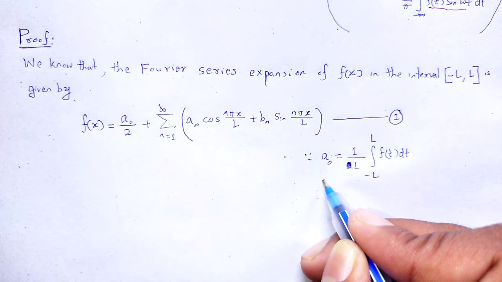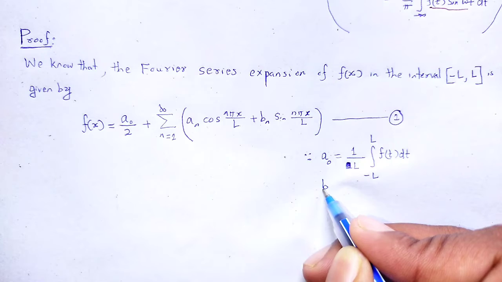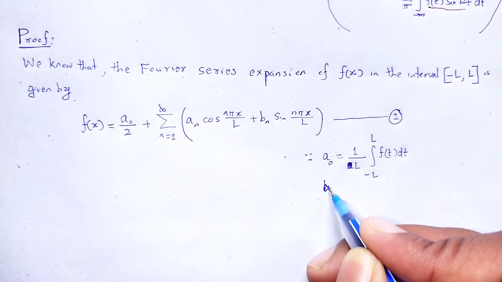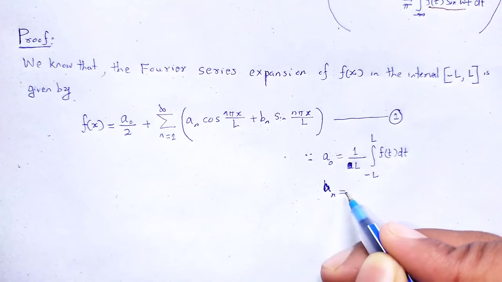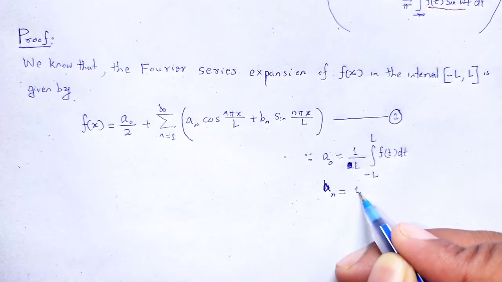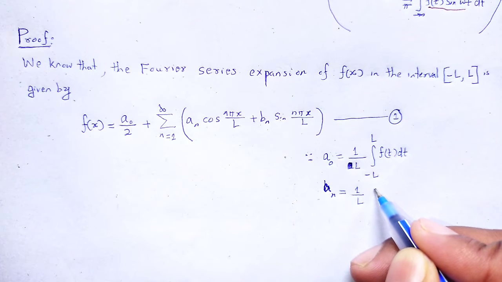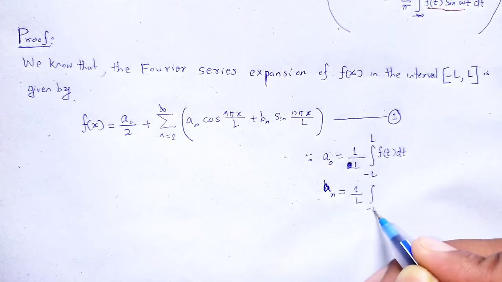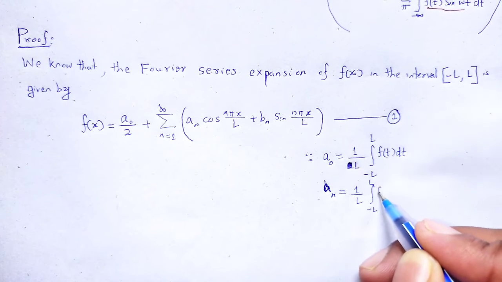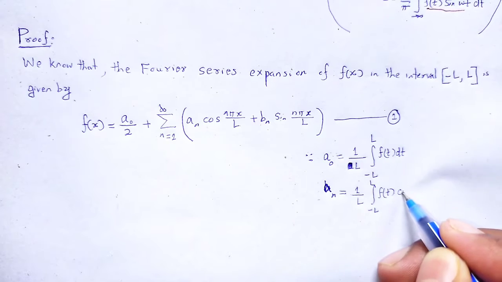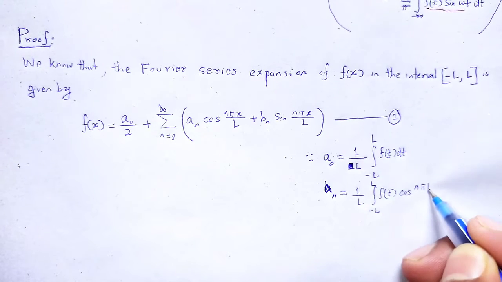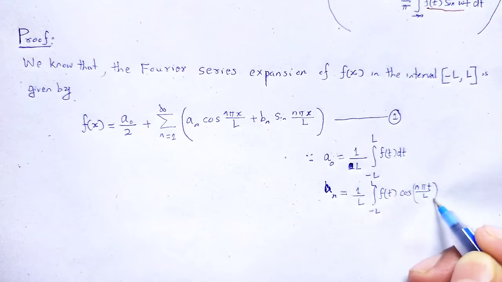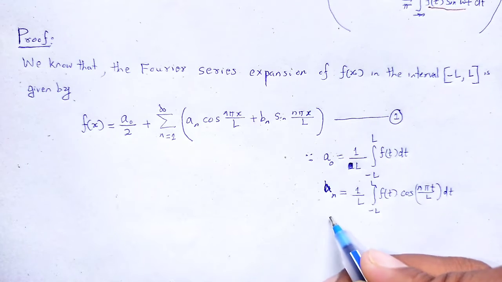Another Fourier coefficient a n is equal to 1 by L integration over minus L to L f of t cos n pi t by L dt.